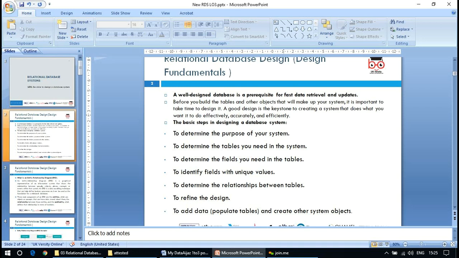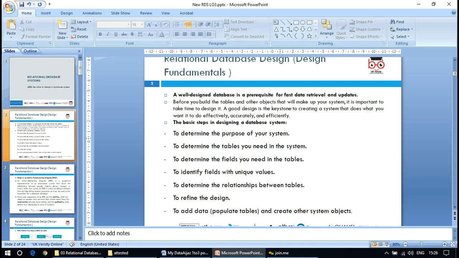So the basic steps in designing a database normally are: first, determine the purpose of your system. If you know the purpose of the database very well, then you can design a better system. Otherwise, if you don't know why you are designing, then it would not help.